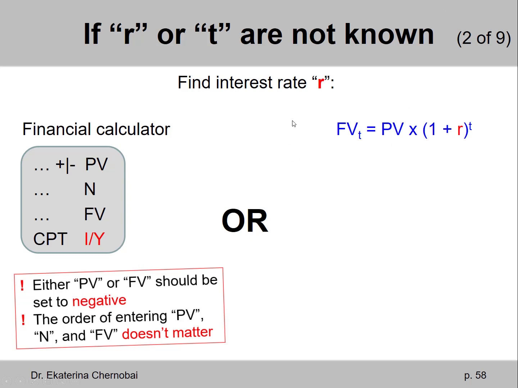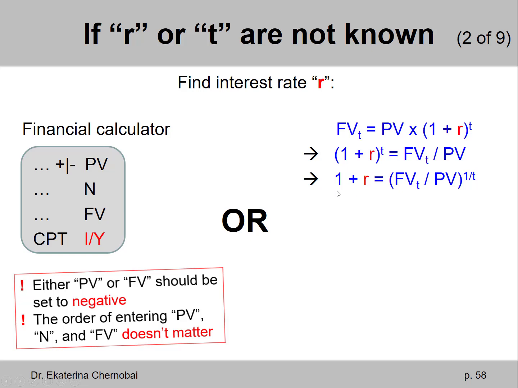If you're interested in learning the formula to do this whole thing by hand, then we can, for example, start with the future value formula, which equals present value times (1 plus r) raised to the power t. We need to solve for r, right? So first we divide both sides by present value. Then to get rid of the power t, we take what's on the right hand side, future value divided by present value, and raise that fraction to the power 1 over t.